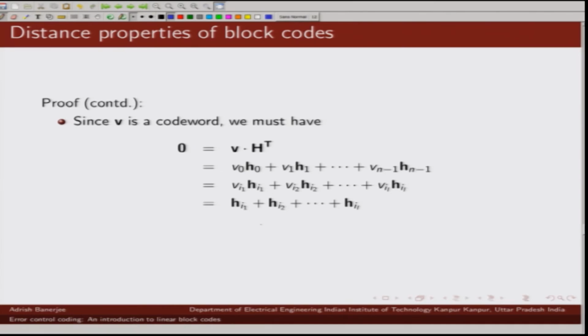And what are these Hi1, Hi2, Hi3? These are columns of your parity check matrix H. So, what does this say?